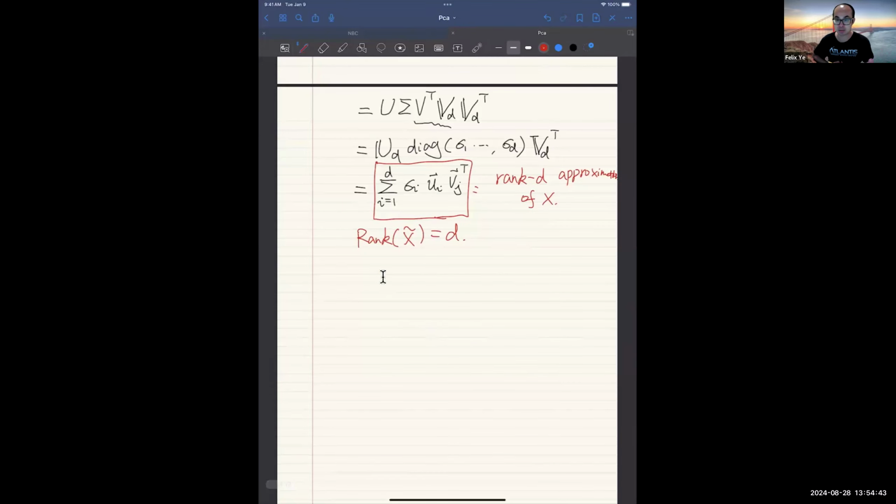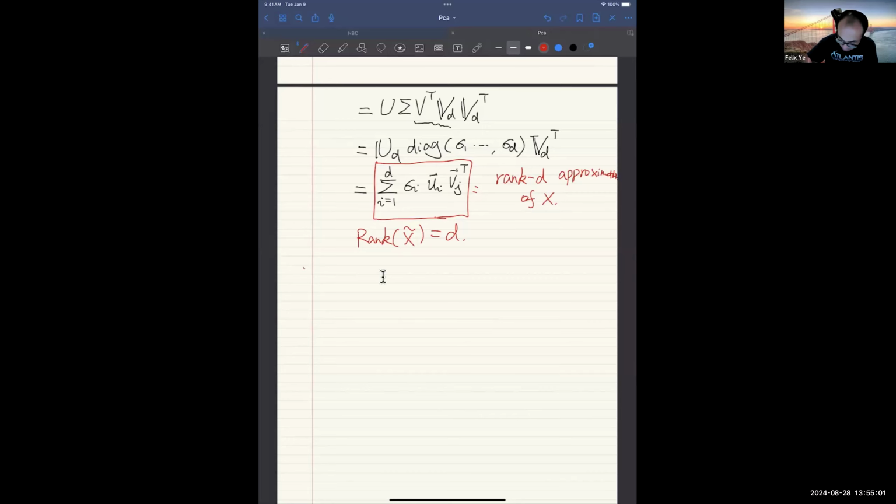In terms of matrix formulation, this is nothing but the best rank D approximation to X, as we already talked about in the first week of the class.